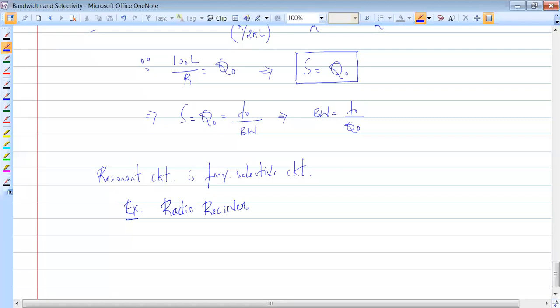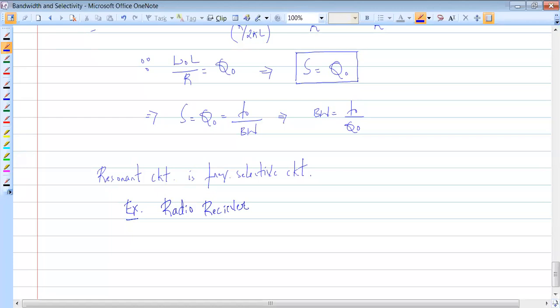What we are doing, we are selecting a particular radio station so that we can listen to what is being broadcasted from that particular radio station. And if we tune the circuit or the radio receiver, we can even tune ourselves to the other radio station which also is broadcasting at the same time.